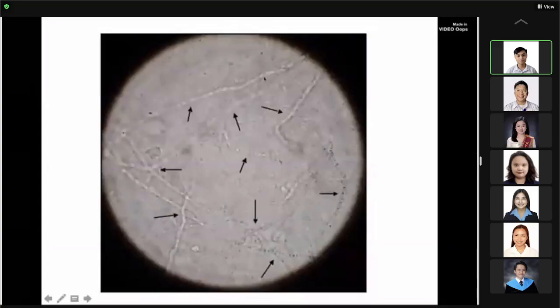This is an actual case. You have here the hyphal elements. So ang report natin, positive for fungal organism or fungal elements. Then we specify kung ano yung nakita natin, yeast cell or hyphae.